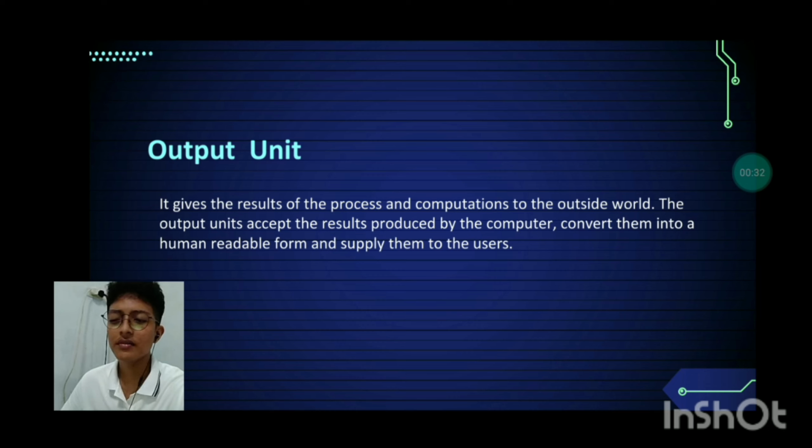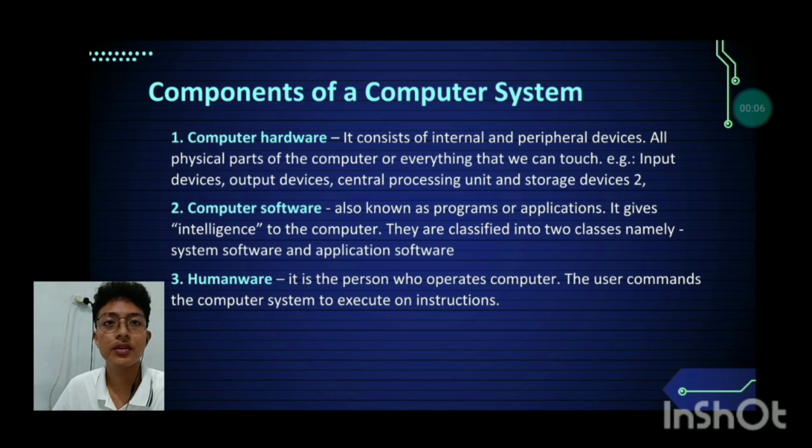And now the difference naman po ng input and output unit: the input units receive and process external information, while the output unit processes information to external sources like the speakers or pwede din siya monitors.